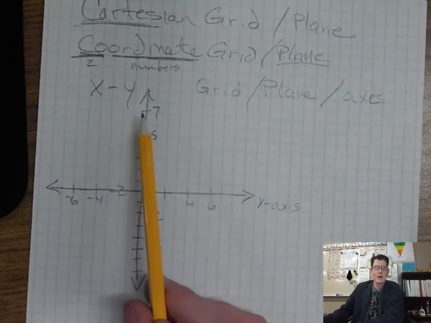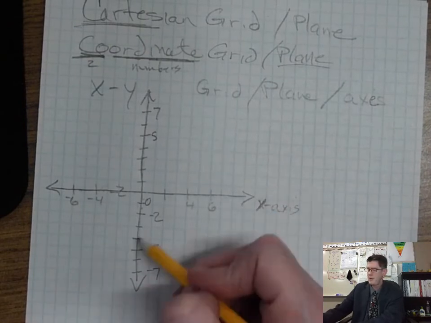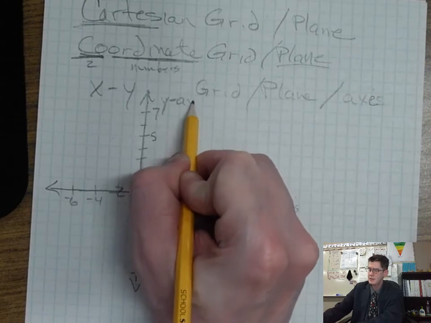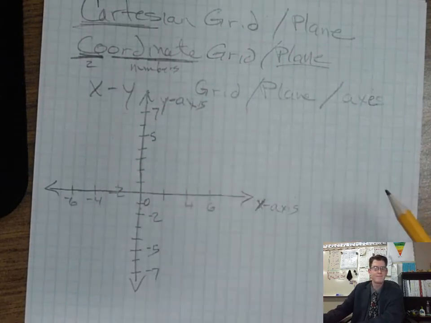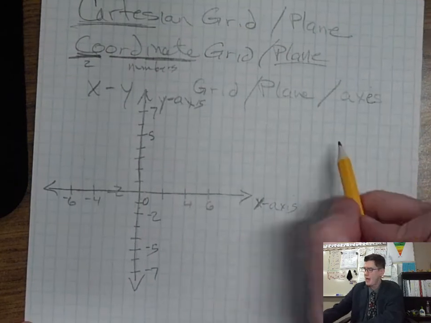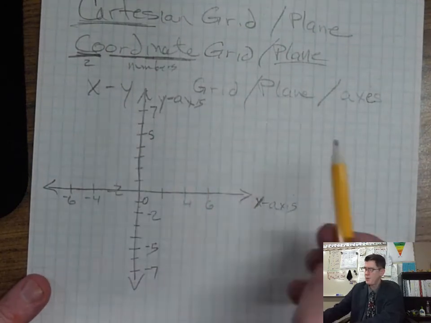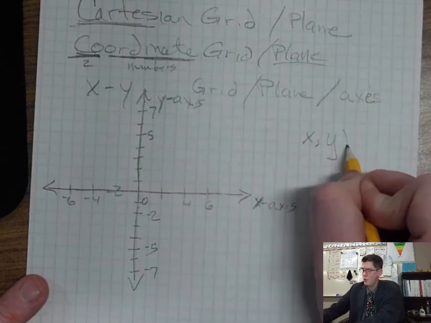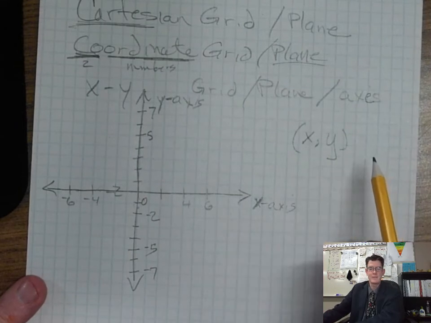Now the reason we talk about XY is because this is the x-axis. And then this line up here is called the y-axis. The Y number line. We're going to be plotting some numbers on here, and the way that it looks is we write the X number with a comma and then the Y number, and it's written inside parentheses.